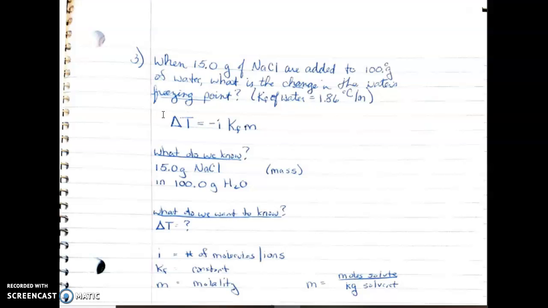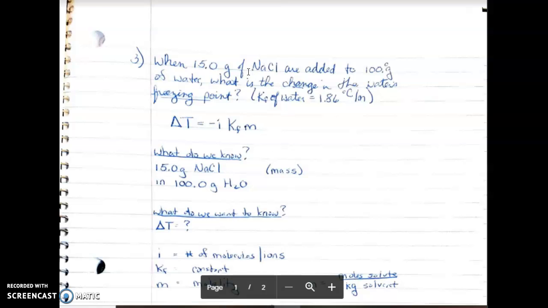We know an equation that relates the change in the freezing point of a solvent to the number of molecules or ions that the solute forms in solution, the constant for that solvent, and the molality of the solute. So this is the equation we want to use, where delta T, the change in the freezing point of the water solution, is related to i, the number of molecules or ions that the solute forms in solution, the constant for the solvent, and the molality of the solution.